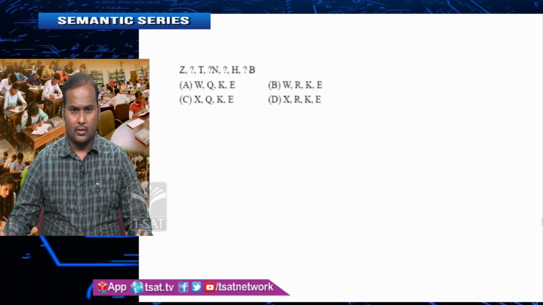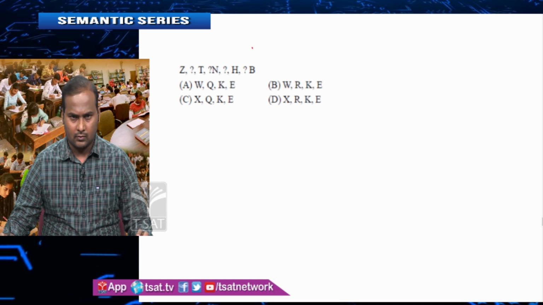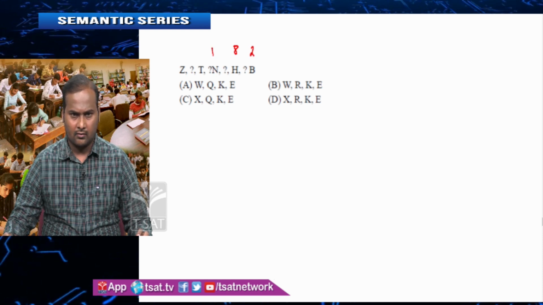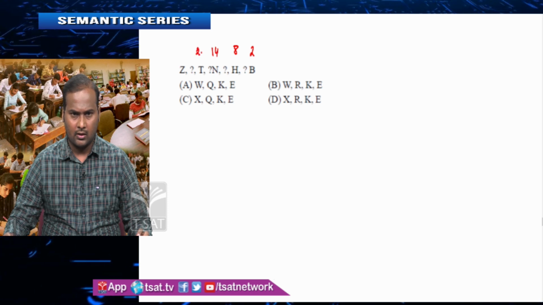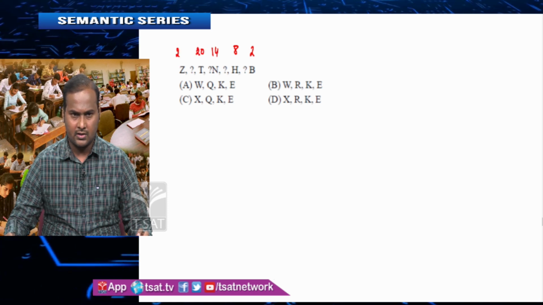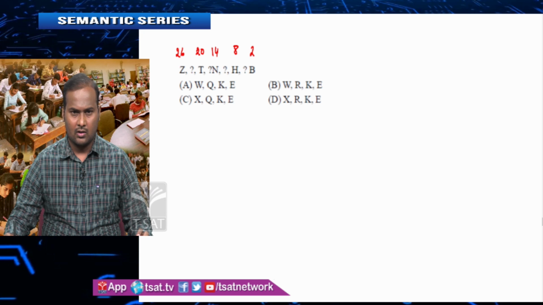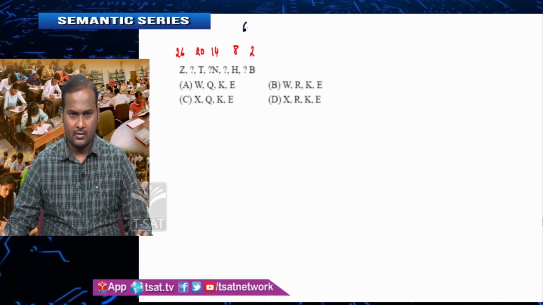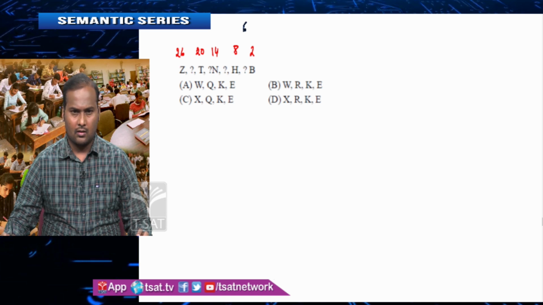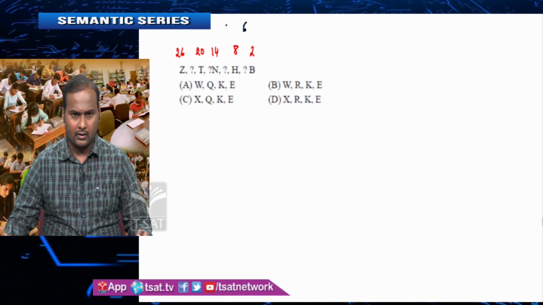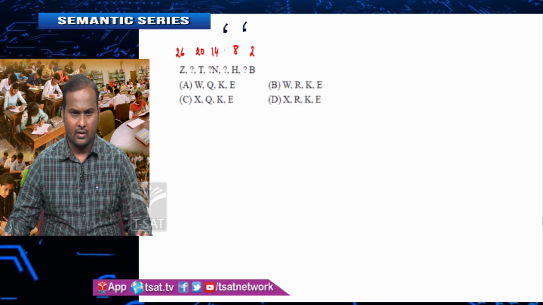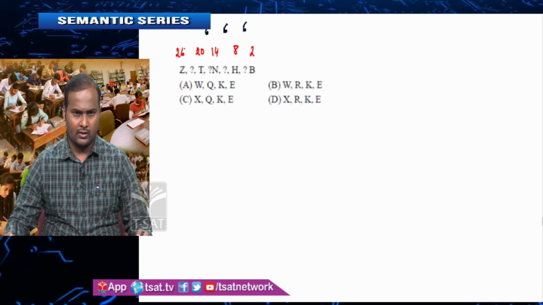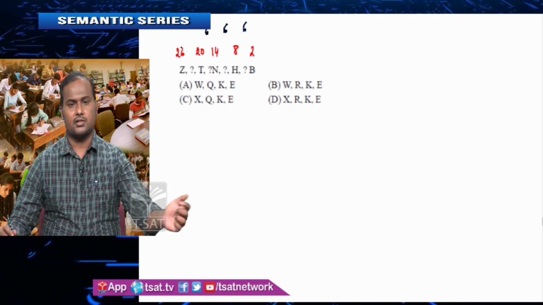Now see here, B is 2, H 8, N 14, T 20, Z is 26. Now 2 to 8 is increasing by 6. Now 8 to 14 here also increasing by 6. Again 14 to 20 also increasing by 6, and 20 to 26 also increasing by 6.